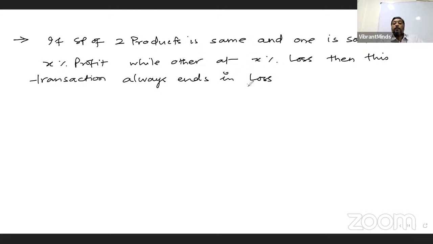You remember this. This transaction always ends in loss. Selling price of 2 products is same. One is sold at X% profit and the other at X% loss. Then this transaction always ends in loss. And loss percent can be found out by X square by 100%. Shortcut. X square by 100%.